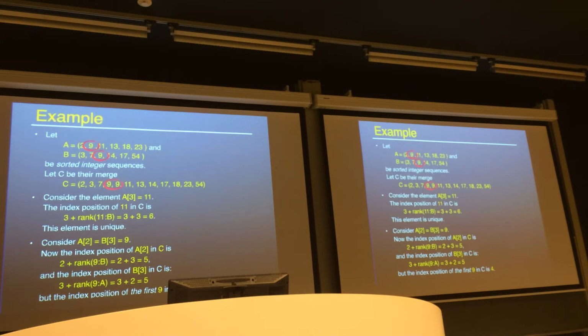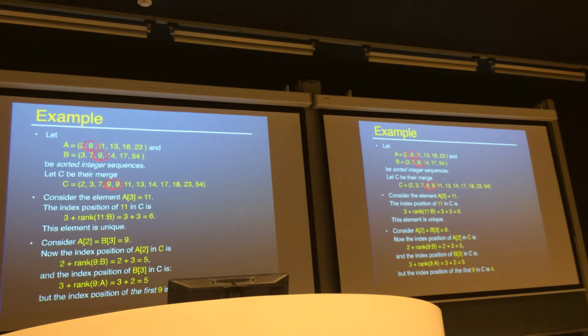So the final position is 5. But the same holds, of course, with respect to B_3. B_3 has rank 3 in B, and its rank in A is 2. So both occur at position 5. That means there is one 9 missing. The first 9, which occurs at position 4, is missing in this procedure.